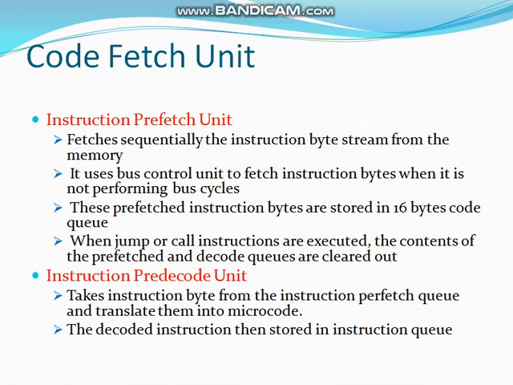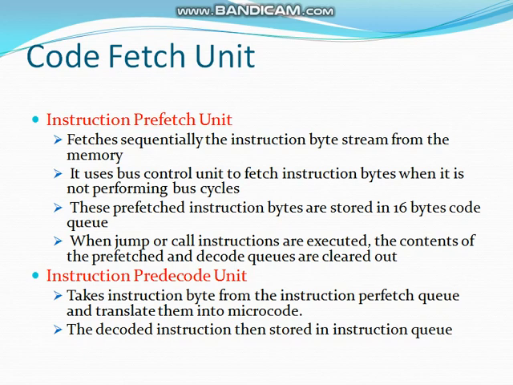Next unit is the code fetch unit. The code fetch unit has two different parts, that is the instruction prefetch and pre-decode unit. The instruction prefetch unit fetches the instructions sequentially from the memory, byte by byte.